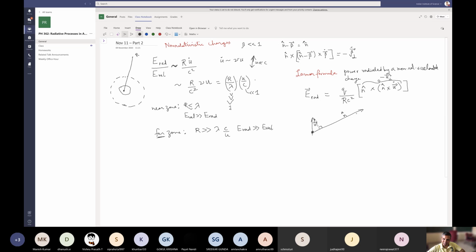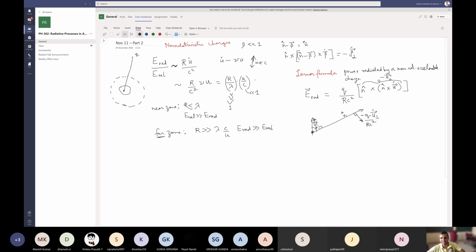So the electric field is along q by r c squared times U perp dot, and there is a minus sign here because of this. This is the direction of the electric field at the observer, and let's call this angle theta.